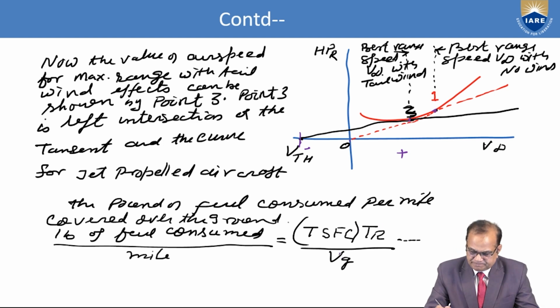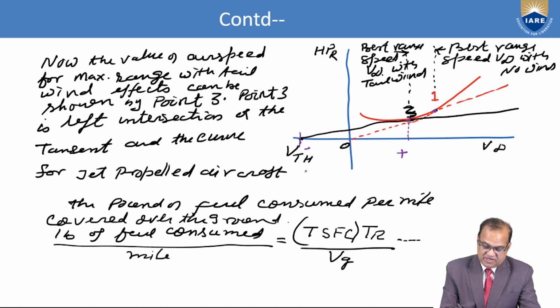So if you see here, the VG is higher here because VG is counted from here. This is the VG, and in the previous case it was only this much VG in the headwind.